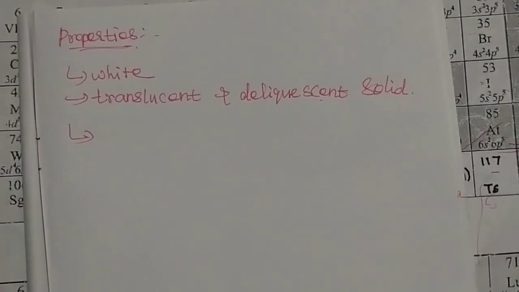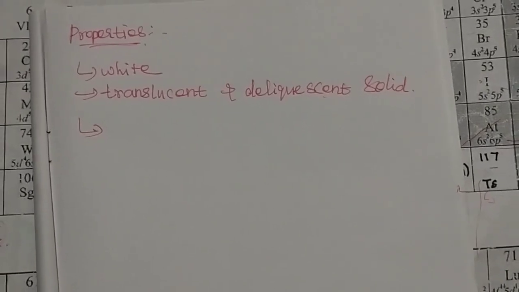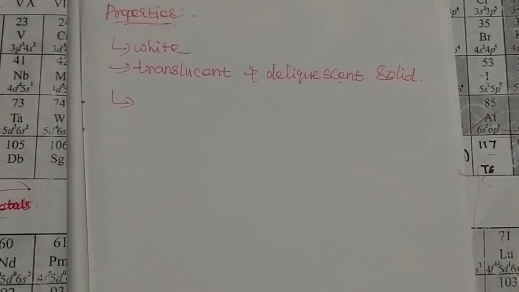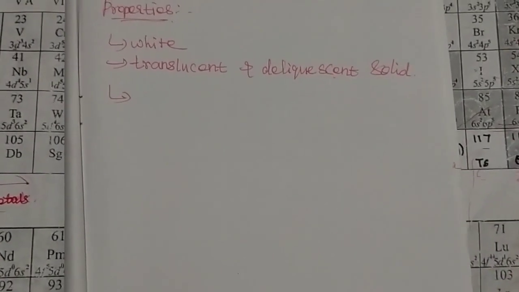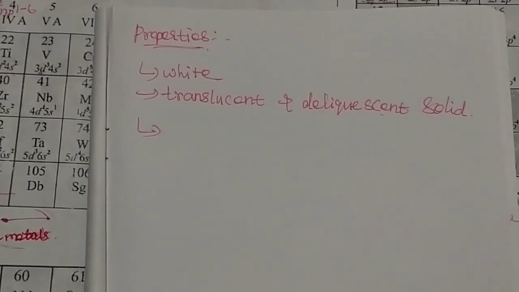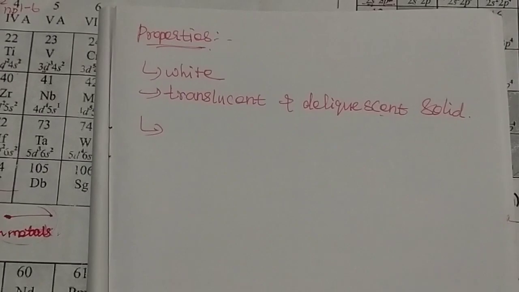It can melt at 591 Kelvin, and the surface of sodium hydroxide reacts with the carbon dioxide present in the air and forms sodium carbonate.